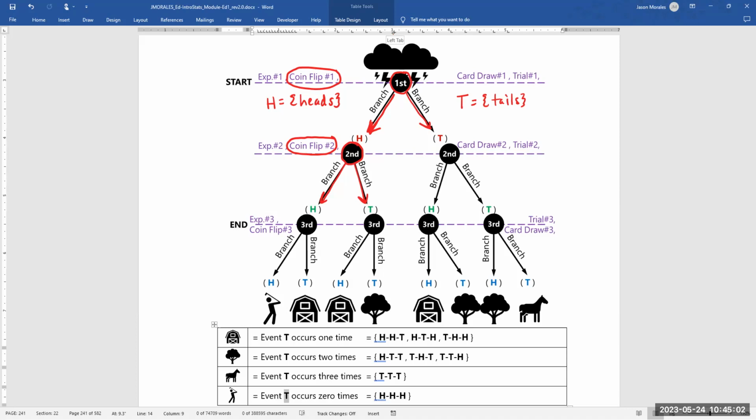Anyway, let's continue. So we flip the coin twice, and let's say we go to flip the coin a third time. And so if the first coin flip had resulted in a heads, the second coin flip had also resulted in a heads, then on the third coin flip, we could have gotten either heads or tails.